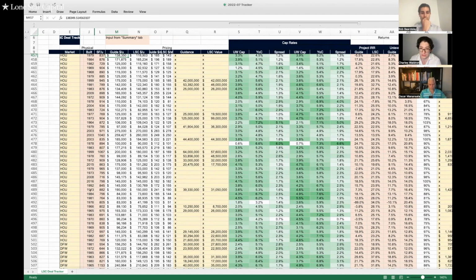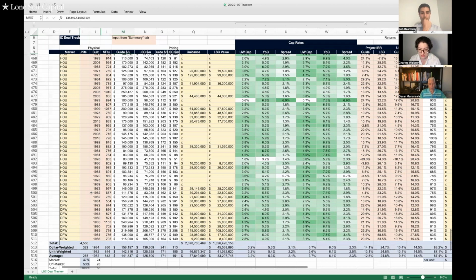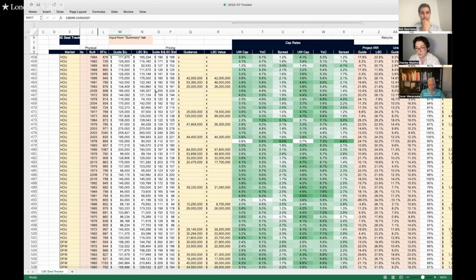So obviously the product is pretty typical for us, 1980s value add, with some newer stuff and a little bit older stuff, but that's the average.